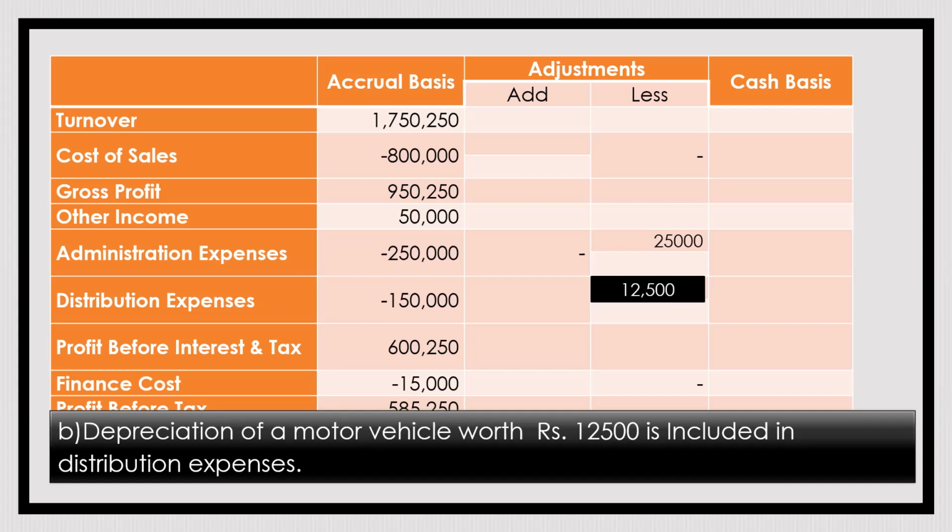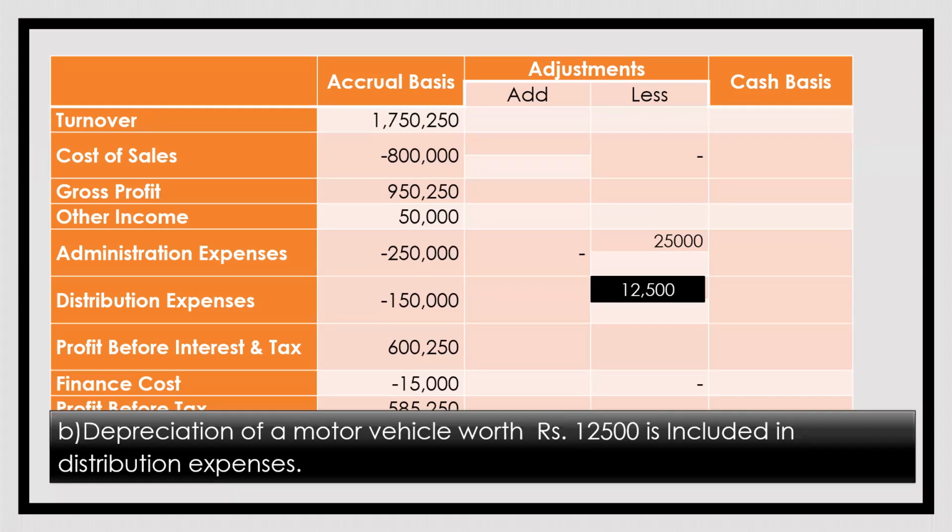The earlier one also, we have added it into the admin expense. Actually, since the impairment does not have a cash impact, we are going to remove it. Since the depreciation does not have a cash impact, we are going to remove it. At the same time, if we have amortization also, we have to remove that expense.